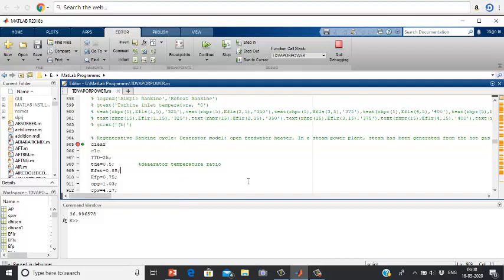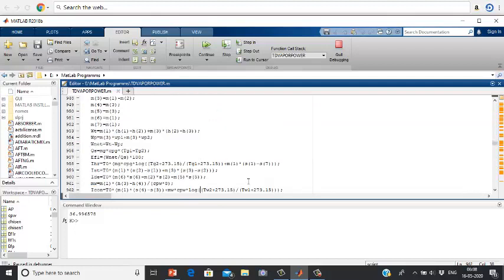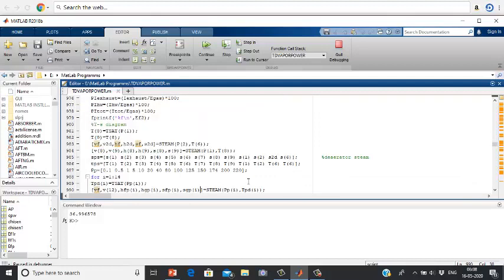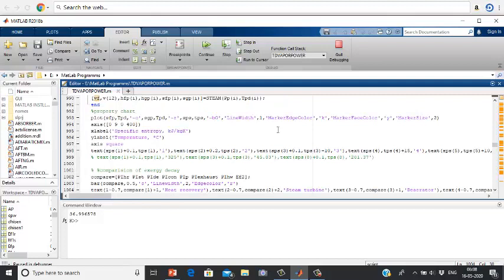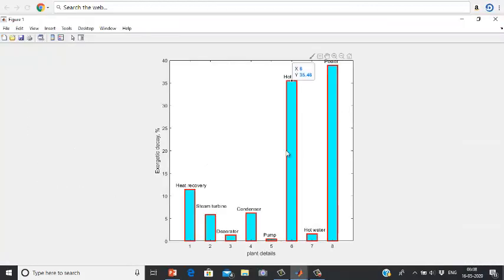This regenerative Rankine cycle can be solved using software, using steam properties and hot gas properties. Similarly, a bar chart can be prepared to compare the irreversibilities associated with each and every component. Here, irreversibilities are converted into percentages of the exergy of the hot gas supply.